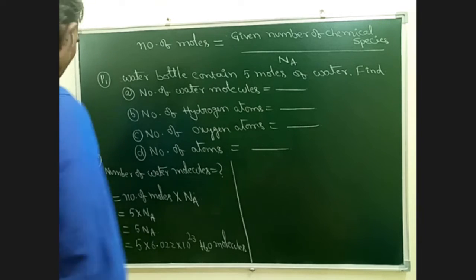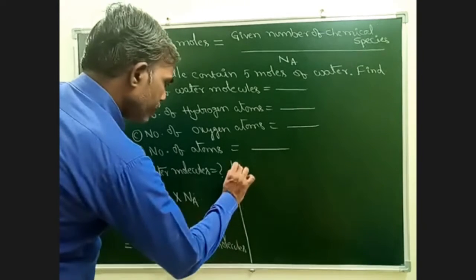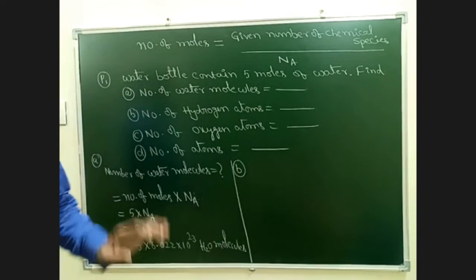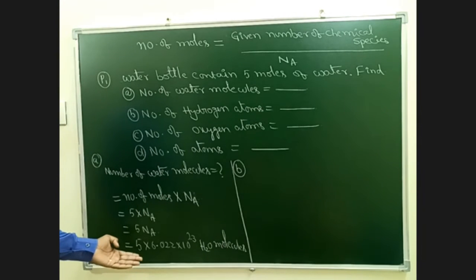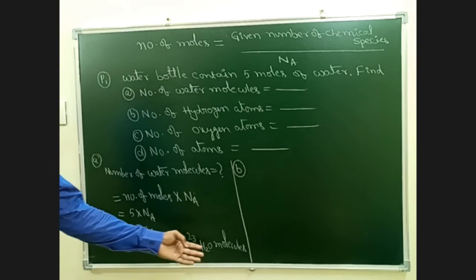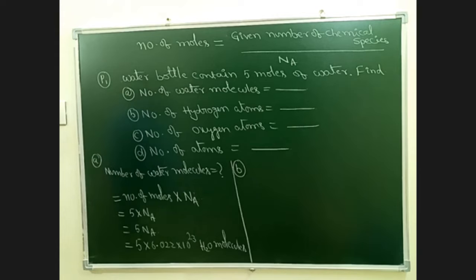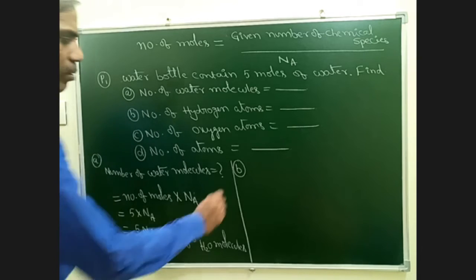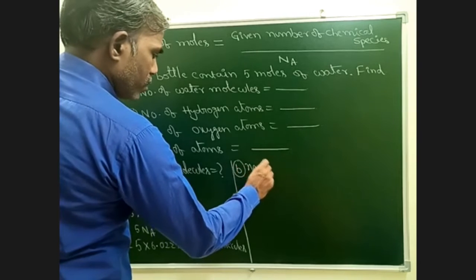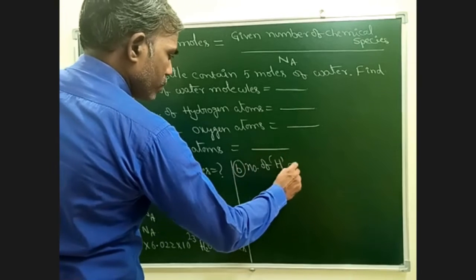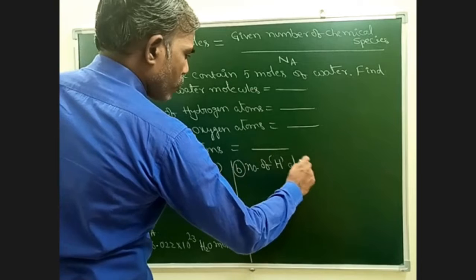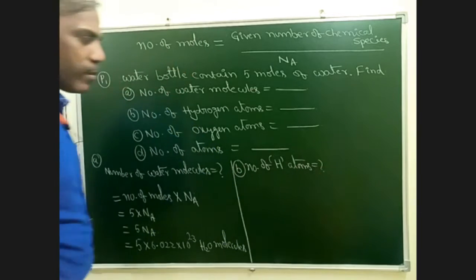Right, students? Now coming to the second one, B. Listen carefully. This many water molecules are there in the water bottle. Second one, number of hydrogen atoms. Are there hydrogen atoms in the water?